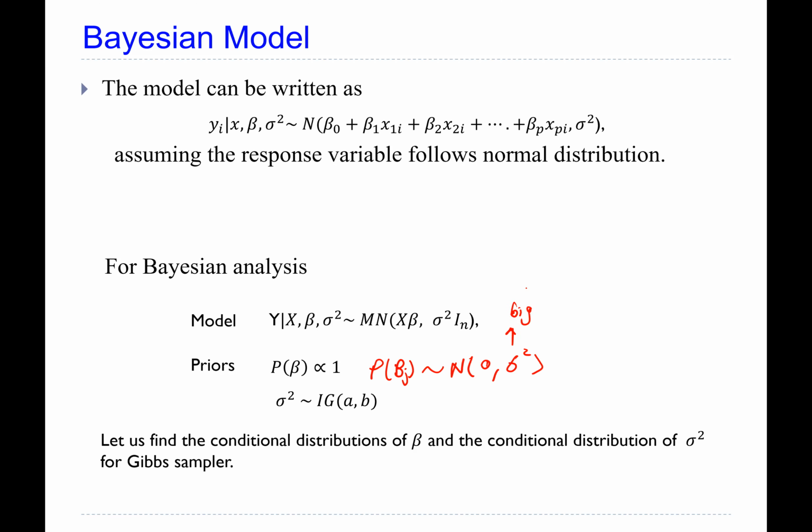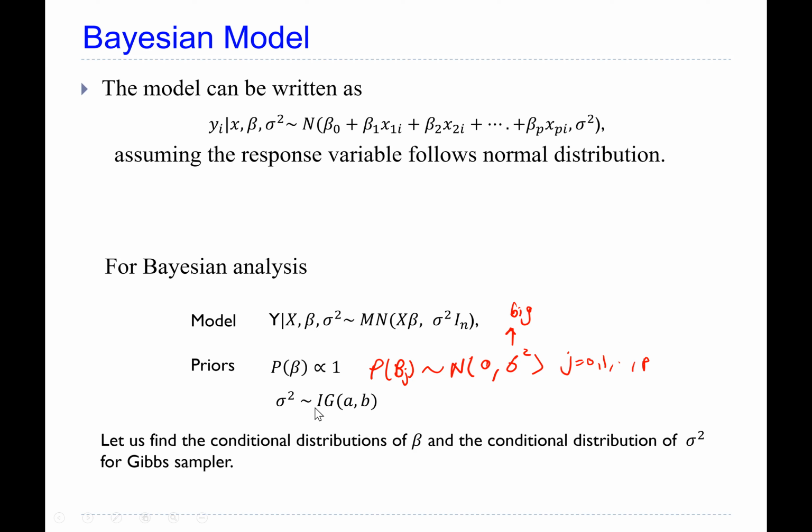Why big value for sigma square? Because big value means big variability, means less precision. It means I have no information on beta j. So I use the mean 0 because I don't know it is positive or negative. And I use sigma square big because I have no information about whether it is close to 0 or not. This is for j equal 0, 1 up to the number of parameters, P.